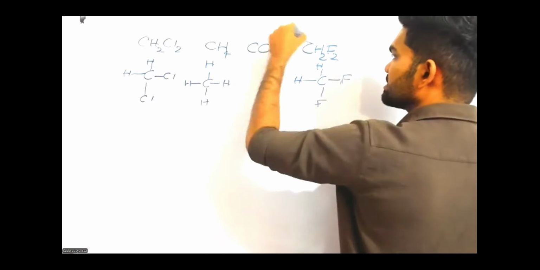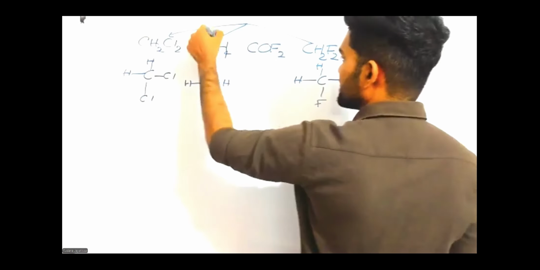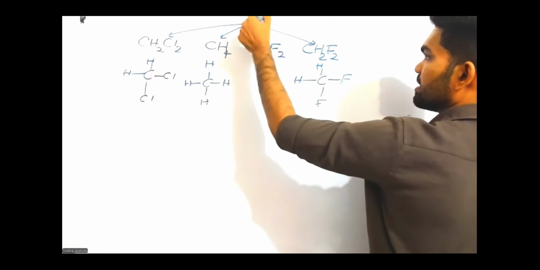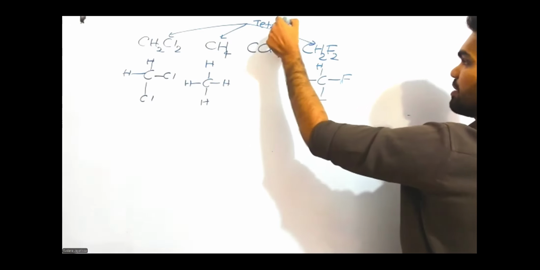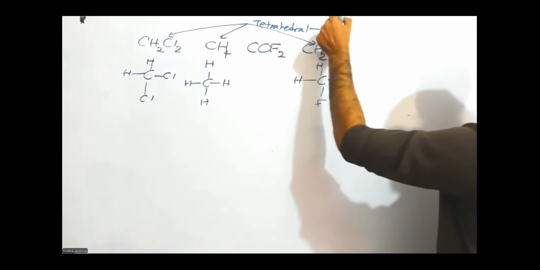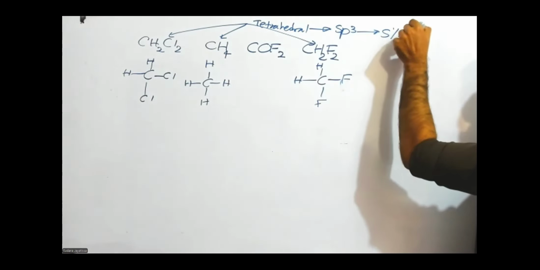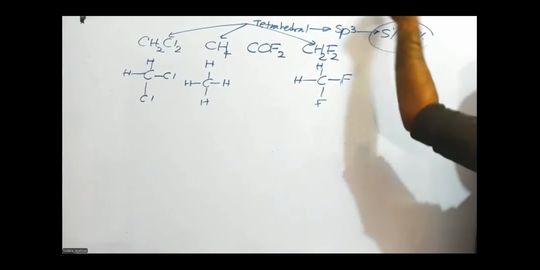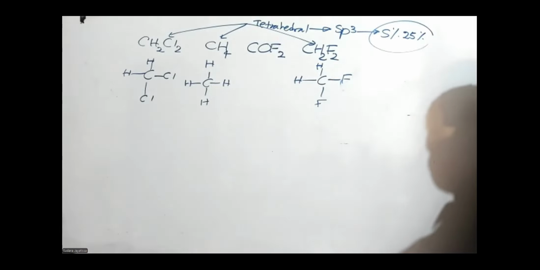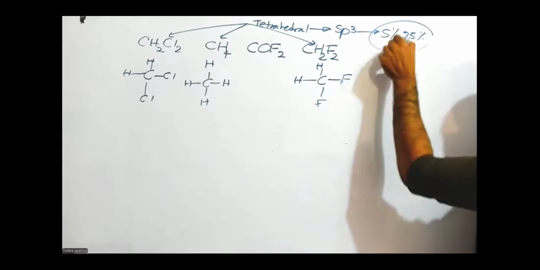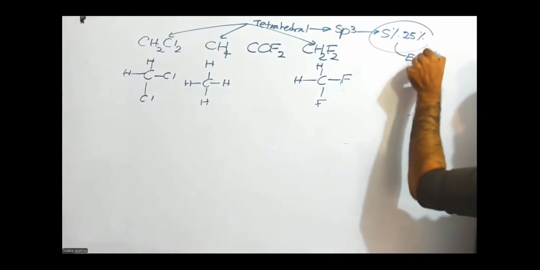So all these 3 molecules are tetrahedral. If they are tetrahedral, their hybridization is sp3. S percentage is just 25%. S percentage is low, so therefore you can say electronegativity will be lower.